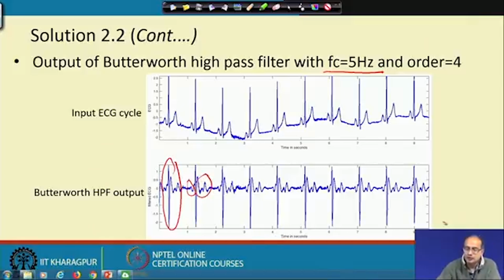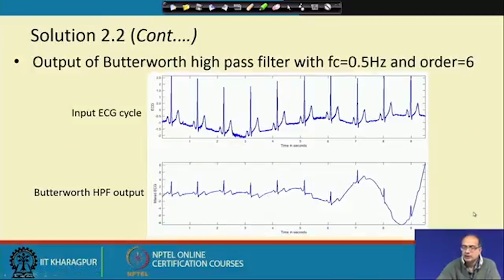So, the overall signal looks completely different in this case. Okay. So, this is also not a desirable filter for our application. Now, let us move further.